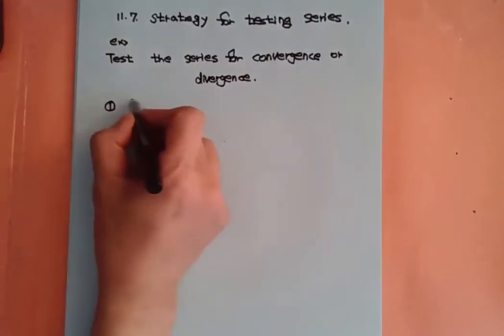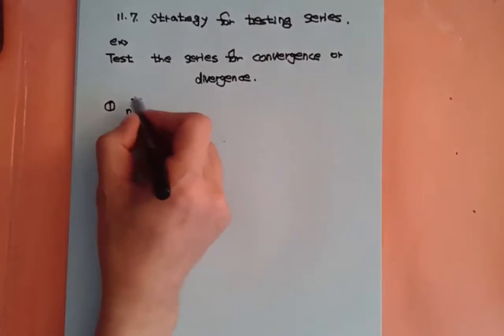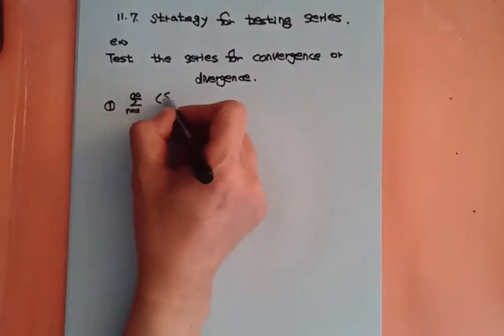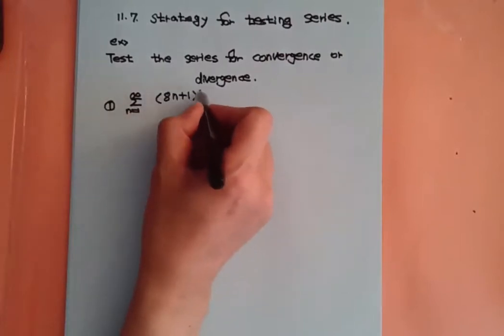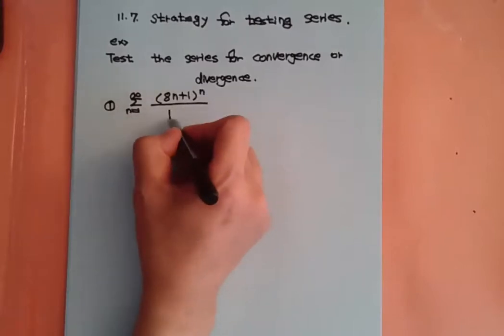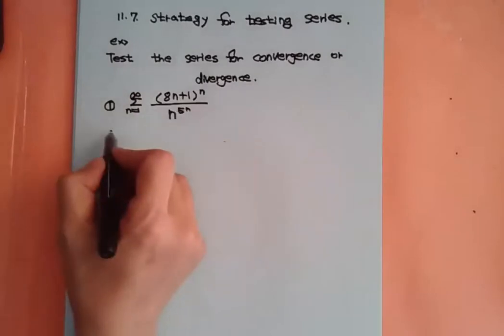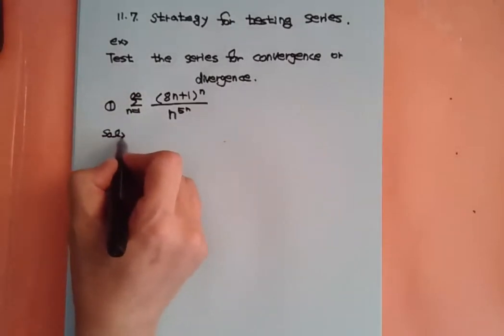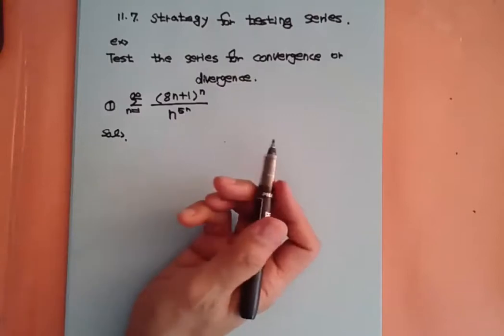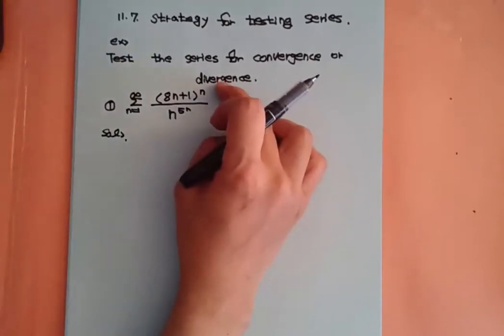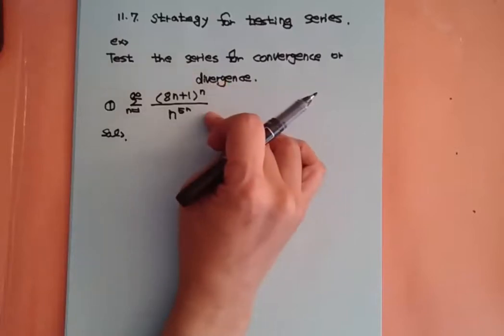The first question is the summation from n equals 1 to infinity of (8n plus 1) to the n power over n to the 5n power. If you look at this, there are nth powers in the numerator and the denominator.